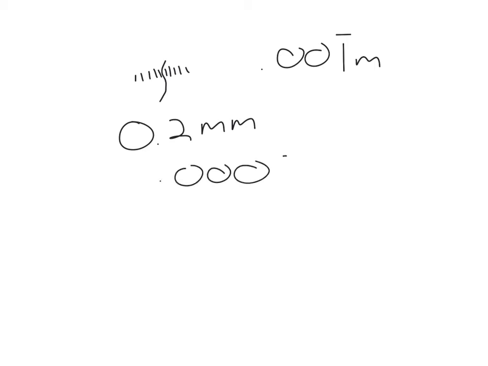So I have to make a guess, and I guess that that hair is 0.2 millimeters. But if that's meters, right, a millimeter is a 1,000th of a meter, so each of those lines is actually 0.001 meters wide, and I guessed that it's not even one of those, it's less than one of those. So I'm guessing that this is 0.0002 meters wide. That's a very, very thin hair.